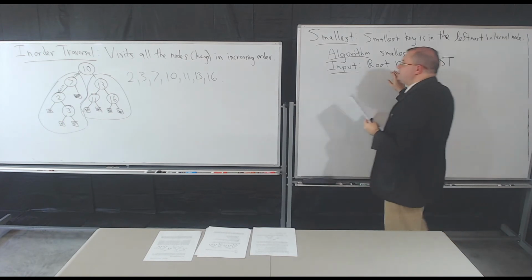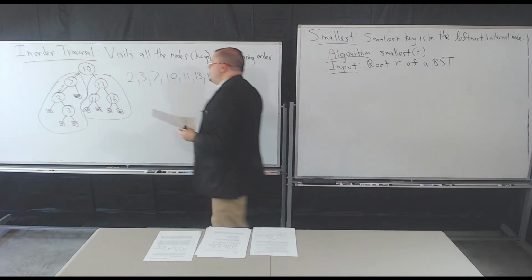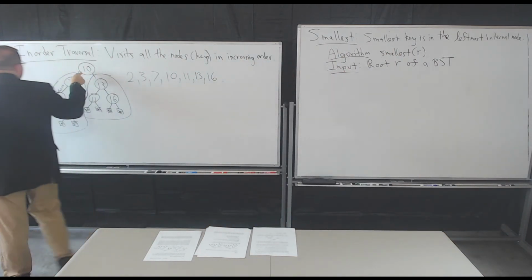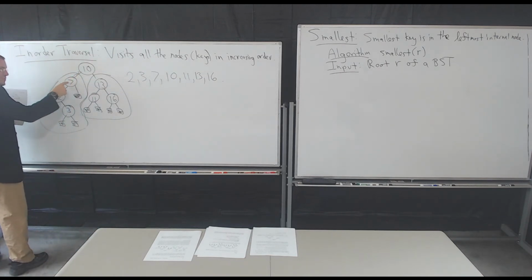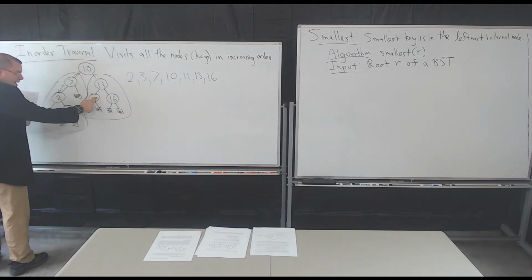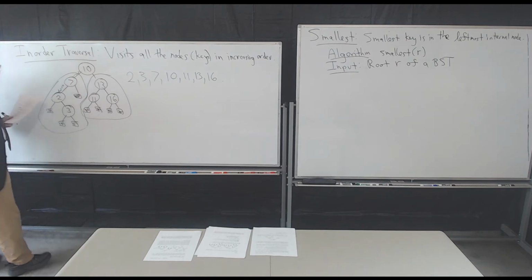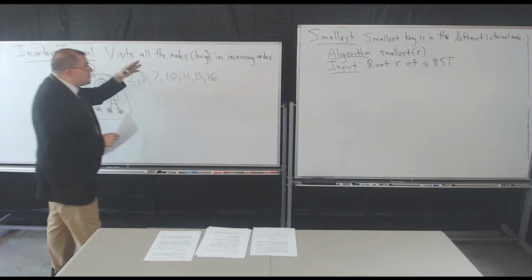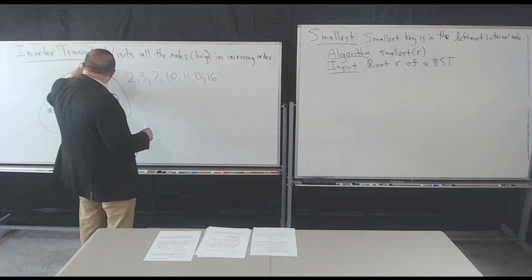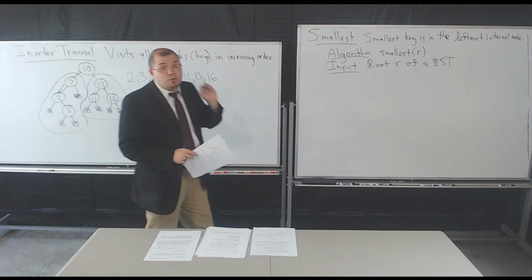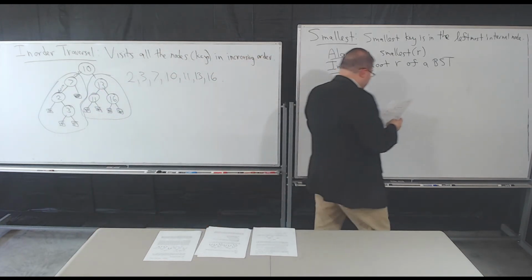I particularly use the word root in the same way I use root over here, where you can think of this as the root of this subtree, just like that could be technically the root of that subtree. When you use this algorithm, you provide it the actual root of the tree.